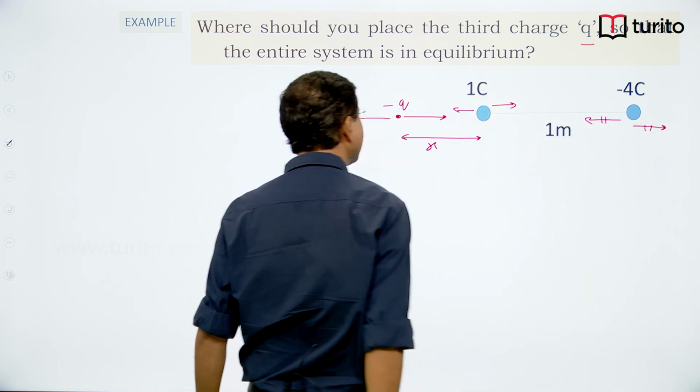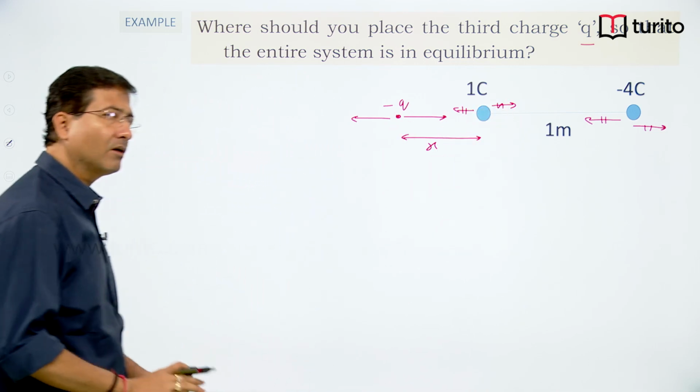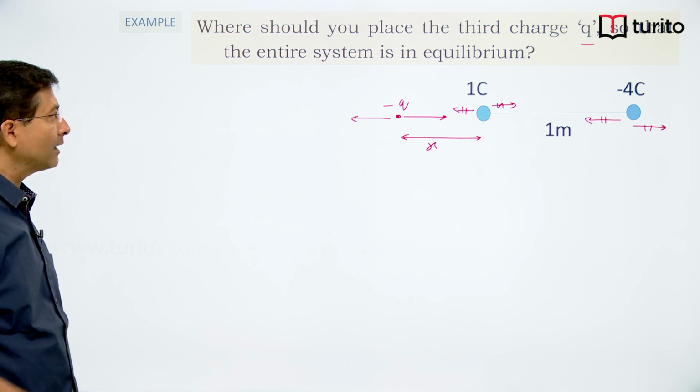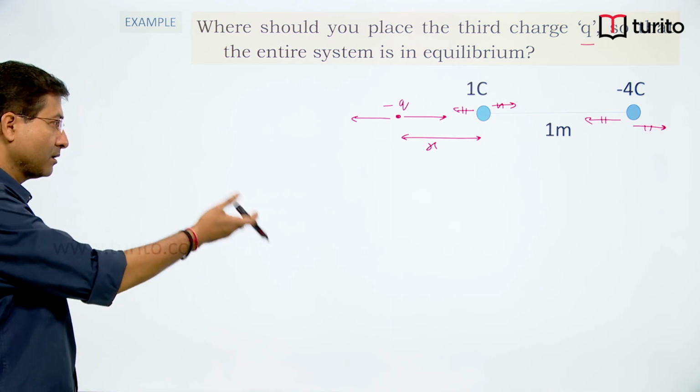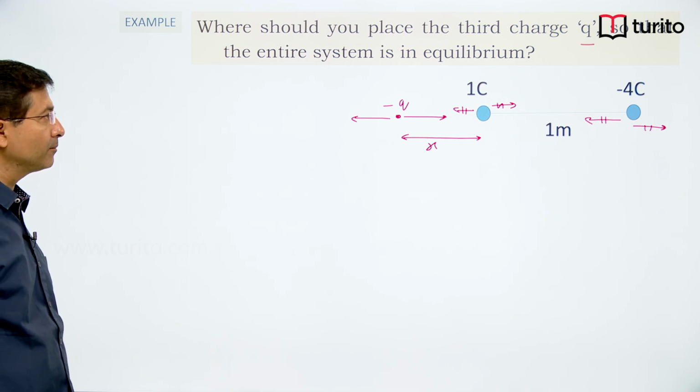So, this can be in equilibrium, this can be in equilibrium, and this can be in equilibrium, all can be in equilibrium, right. So, we have to take a negative charge on this side of plus 1 Coulomb.